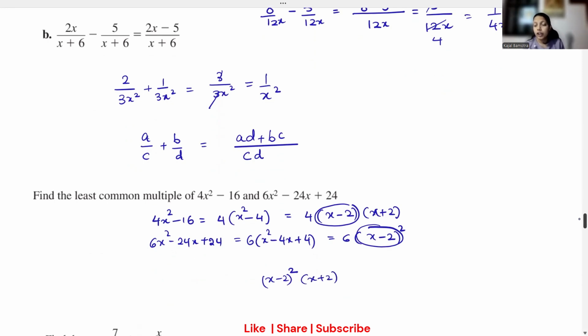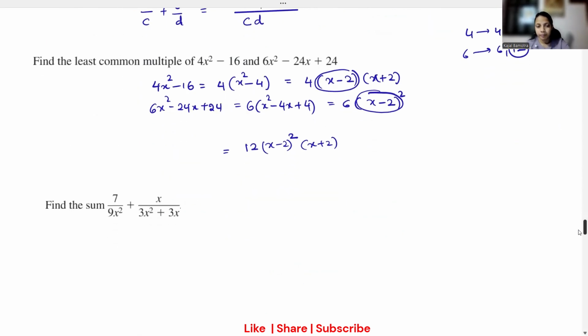Now the common multiple of 4 and 6: 4 ones are 4, 4 twos are 8, 4 threes are 12. 6 ones is 6, 6 twos are 12. So the least common multiple is 12. So you will write 12 here. This is the least common multiple of the two polynomials. I write it in this way.